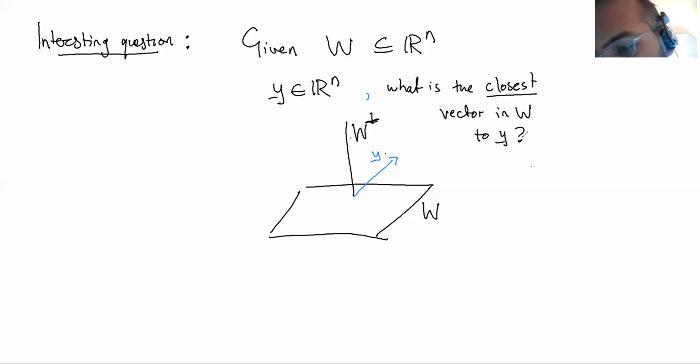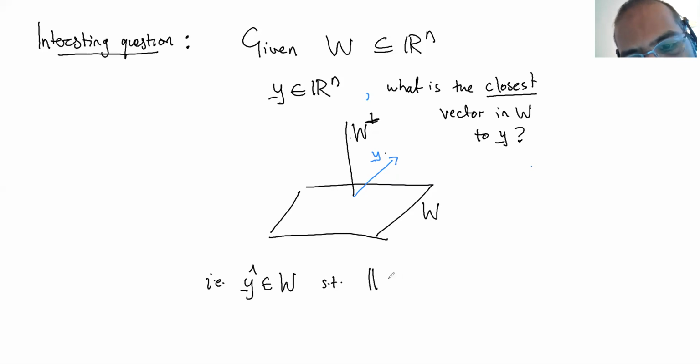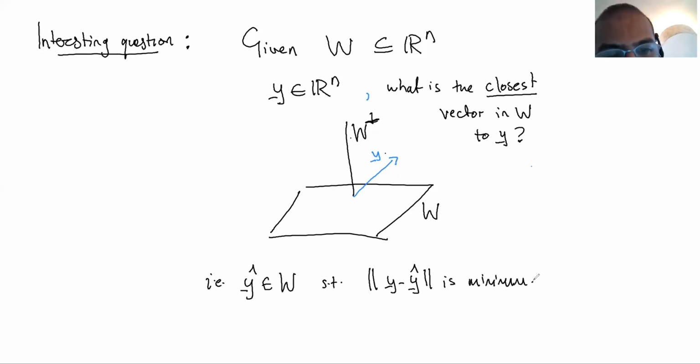We could not have asked this question before this lecture because we didn't define the distance of two vectors. But what does closest mean? It means you want some vector y hat in W such that its distance to y is minimum over all choices of y hat.